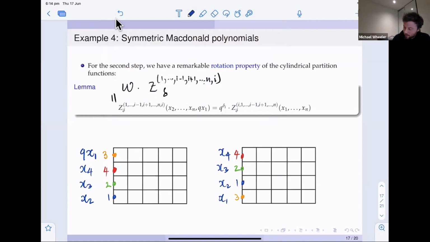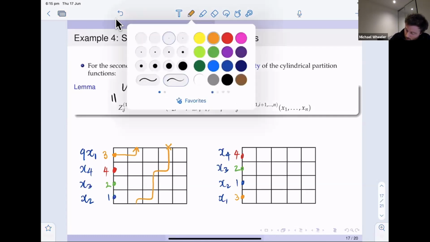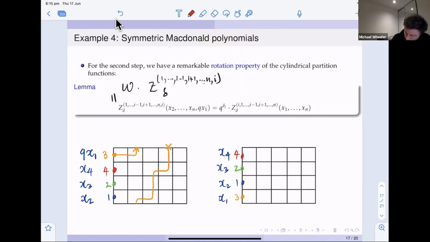And all that's happened is this qx1 gets replaced with x1. Okay, so let's do an explicit example of how these paths might wind. So maybe this 3 would do something like this and terminate in this column here. And the 4, maybe the 4 does something boring.